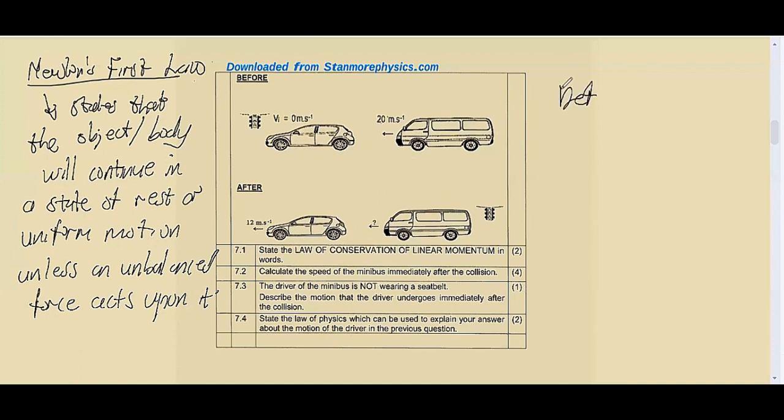Now you can write any other relevant definition that you know, but then make sure when it comes to definitions, guys, always put this in the back of your mind. When it comes to your definitions, please download the DBE exam guideline, and then make sure that you have the updated exam guidelines. So make sure that you download the latest. So now that it's 2023, you can download for 2023, 2024, right?